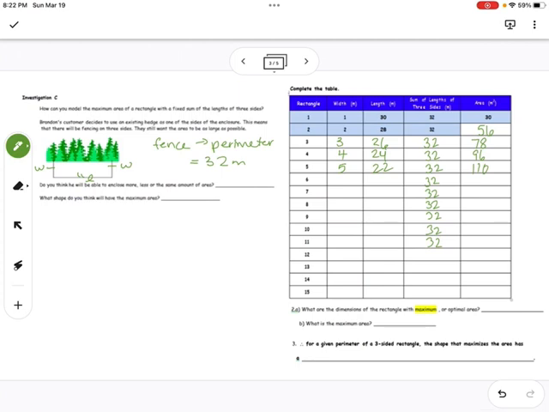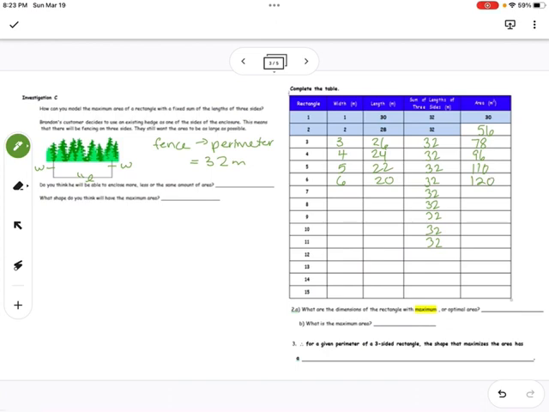So our goal is to get to our highest one, so we're going to keep going until our area does not go up anymore. Next one, width of 6. 6 plus 6 is 12. 32 minus 12 is 20. And 6 times 20 gives us 120.